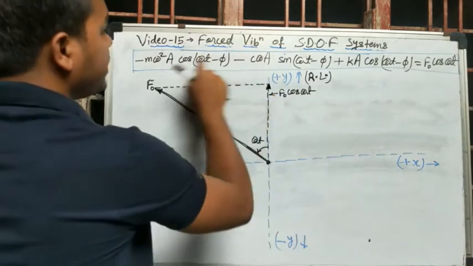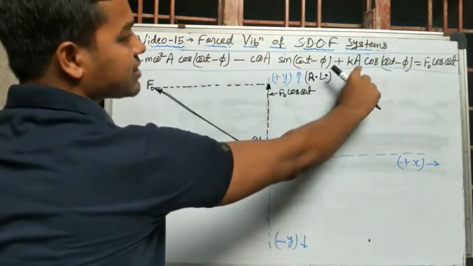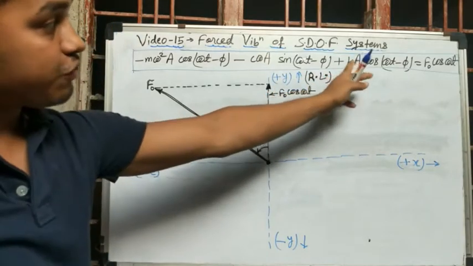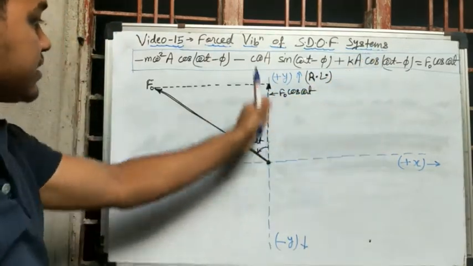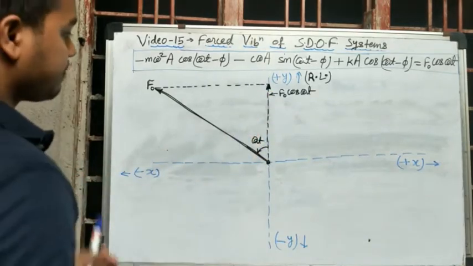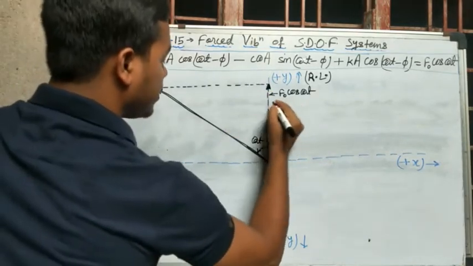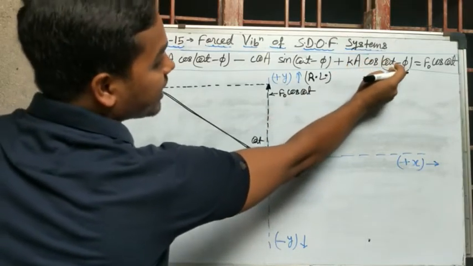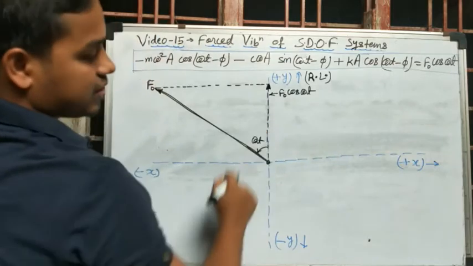Now, out of these three forces, I have plus ka cos omega t minus phi. It is also positive force plus ka. So I should have plus ka cos omega t minus phi over here, somewhere over here only. Right. So how should I draw? See, I should have a force ka such that its cos component is making an angle omega t minus phi with the reference axis.